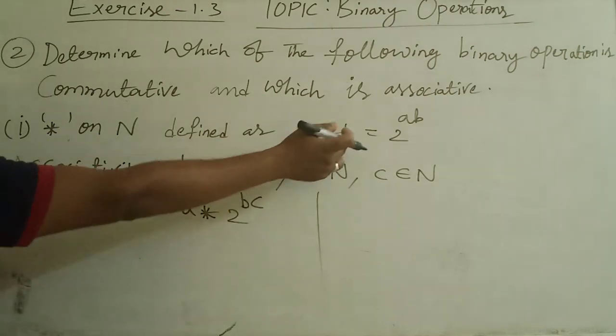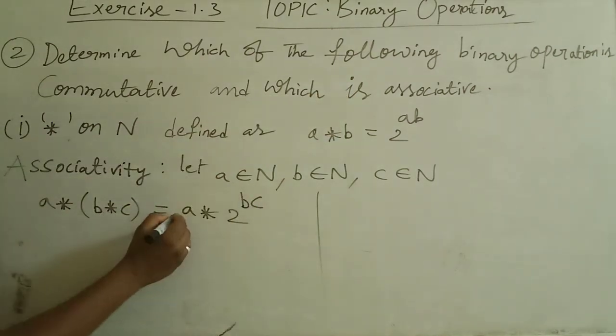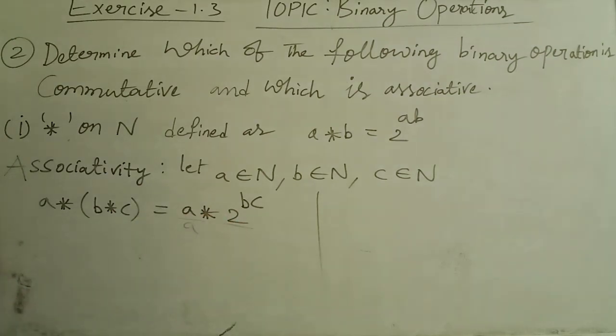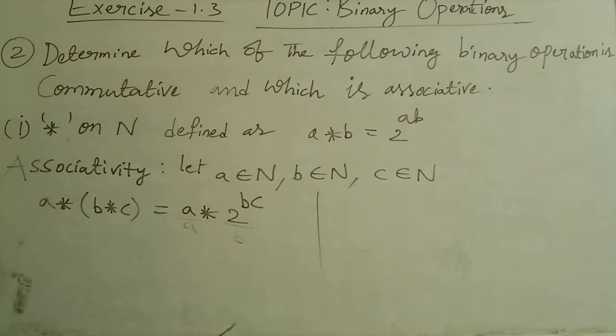B star C means 2 power BC. Now this becomes A and this becomes B.